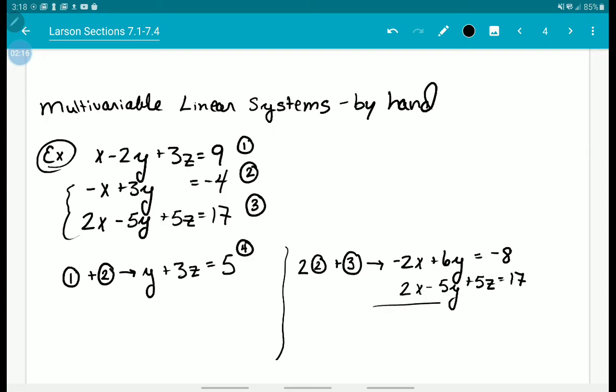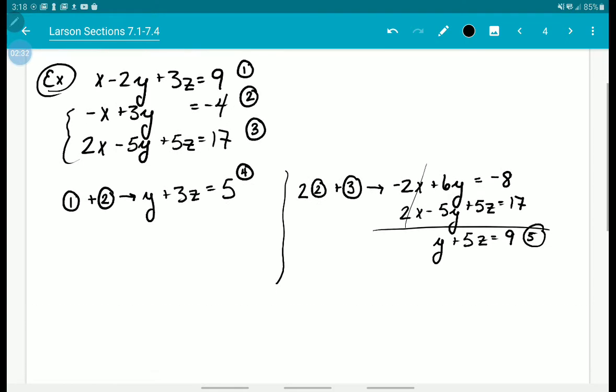Now if we add those two equations together, notice the x's cancel. So we have y plus 5z is equal to 9. That's nice because we have another equation, from pairing two of the original equations together, that has just y's and z's in it.